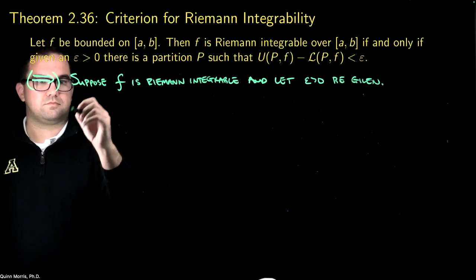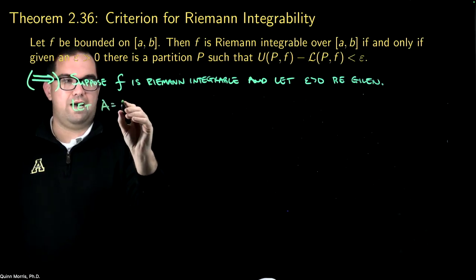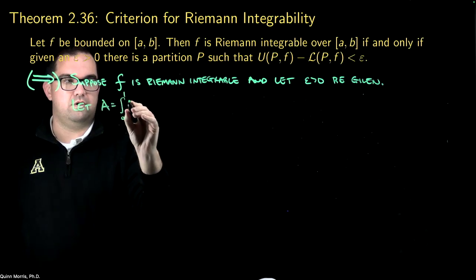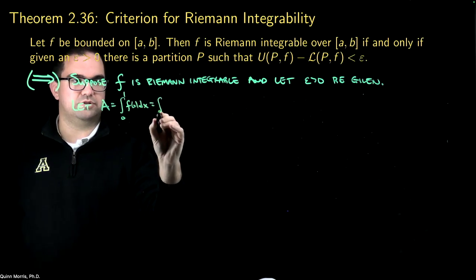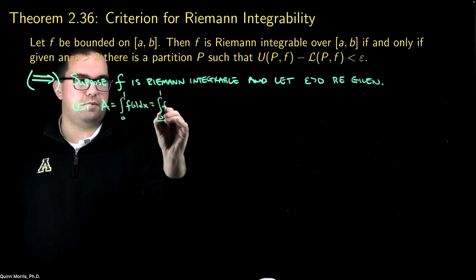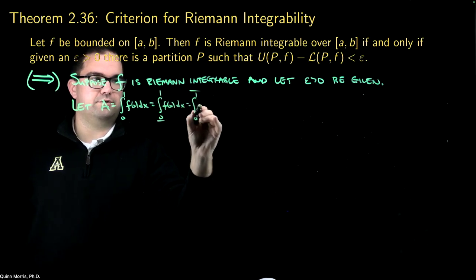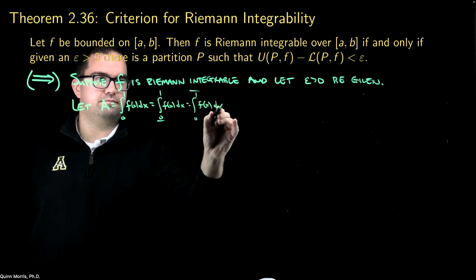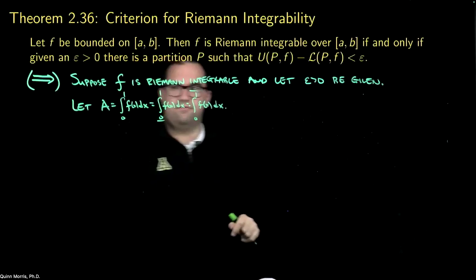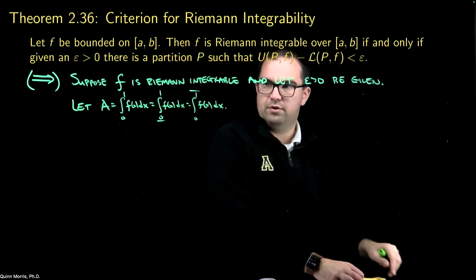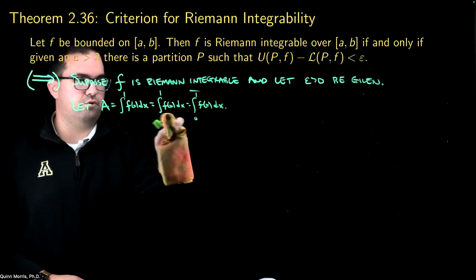So let A, we're going to call A the value of the Riemann integral of f, which is of course equal to the lower Riemann integral and the upper Riemann integral. These equalities hold because we are assuming that our function f is Riemann integrable. And sorry, I've written 0, 1 here, but this should be the arbitrary interval AB.